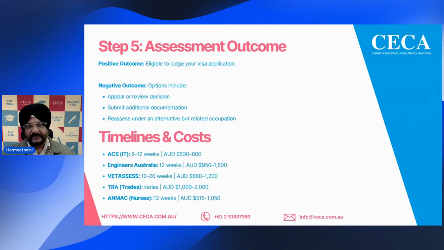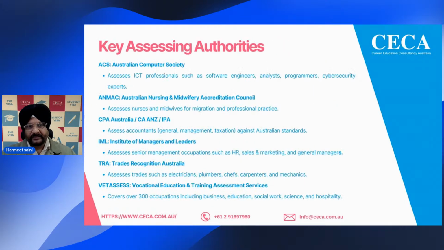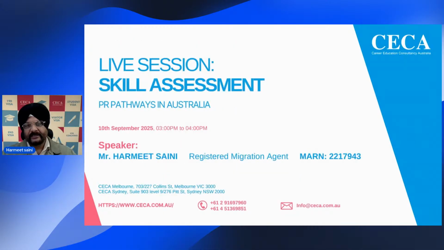There are a lot more assessing authorities, and I'm not going through all of them at the moment. But if you need more information regarding the skill assessment criteria, or which ANZSCO code you have to go for according to your qualification or employment experience, please contact our nearest office.